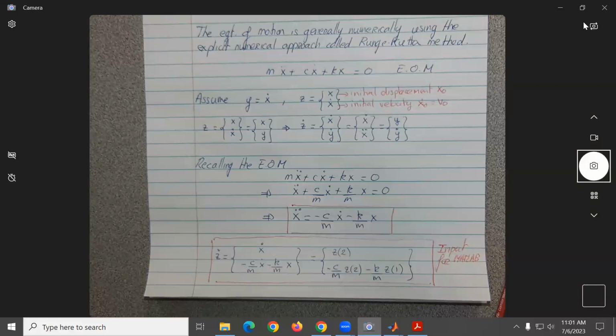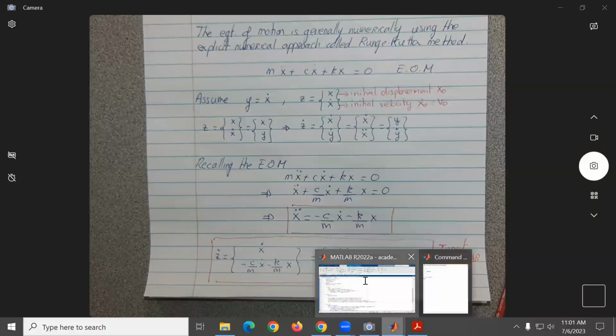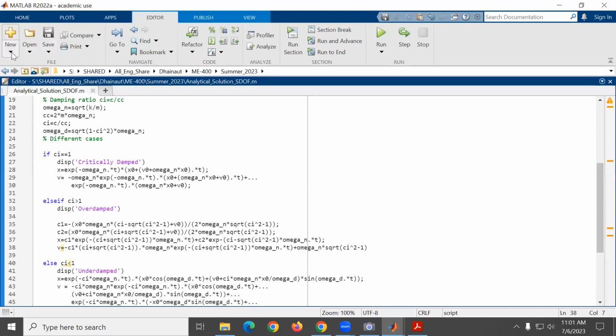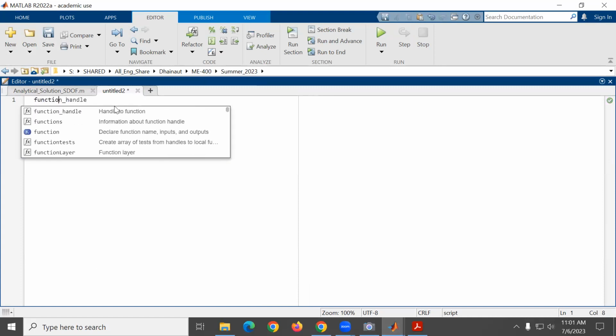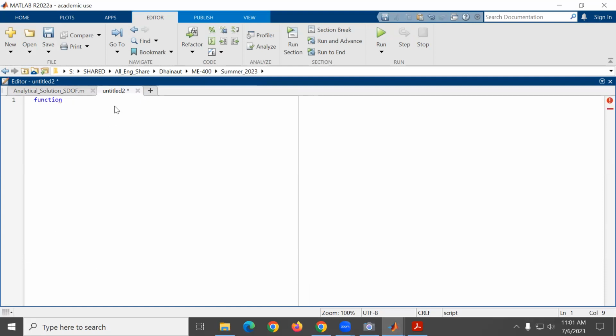Okay, so we go here, go to MATLAB, create a new file, new script. Actually this would be a new function. Have you used functions in MATLAB before? Yes. Okay. So function f would be equal to function 1 in terms of t and z.